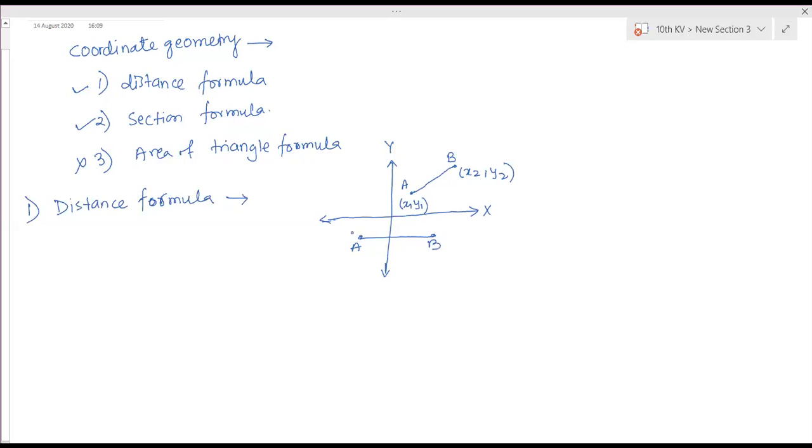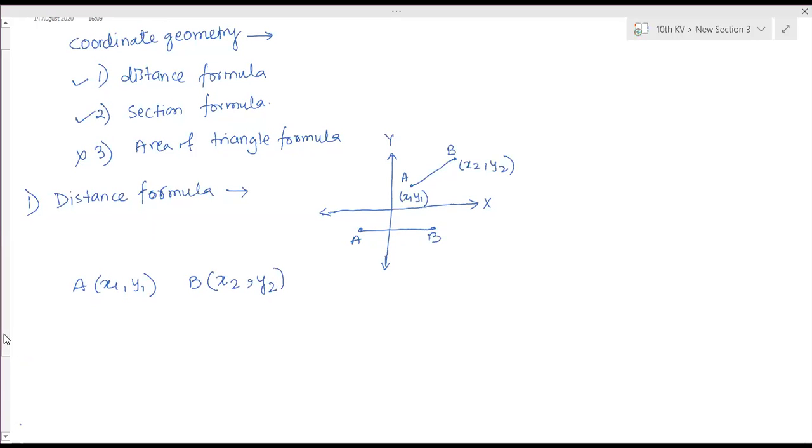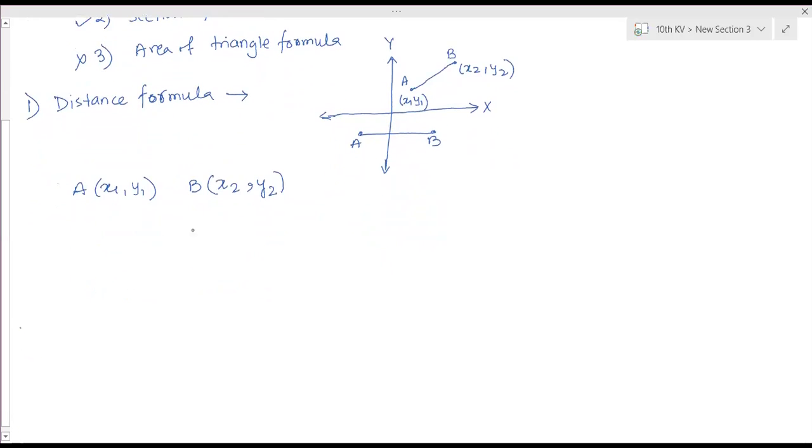Now how to find out that distance, which is given by the distance formula? What is the formula of it? Here point A has coordinates x1, y1 and point B's coordinates are x2, y2. Now how to find out this?